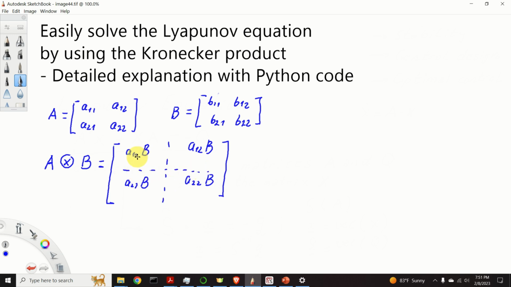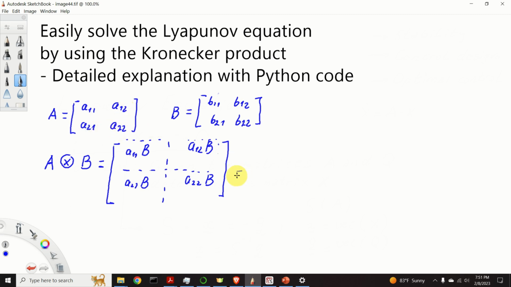I take A11 and I multiply every element of the matrix B with A11, and I place the result over here. Similarly, I take A12, I multiply every element of the matrix B with A12, and I place the result over here. And I do that for the other entries, A21 and A22.